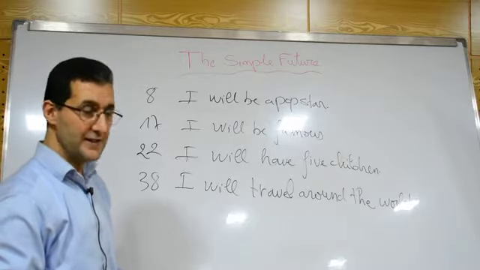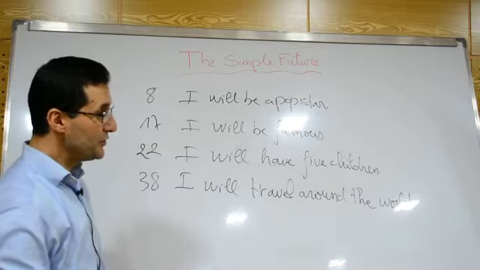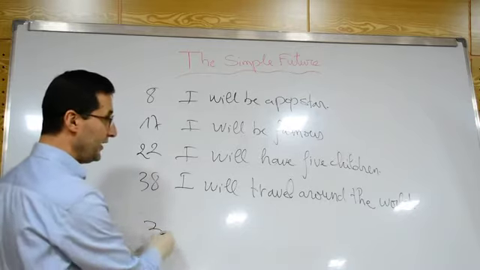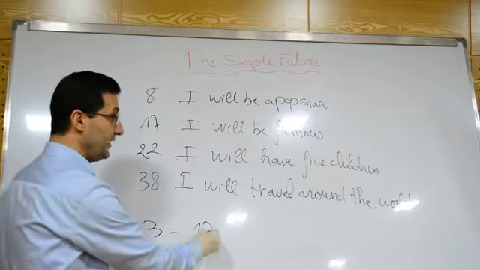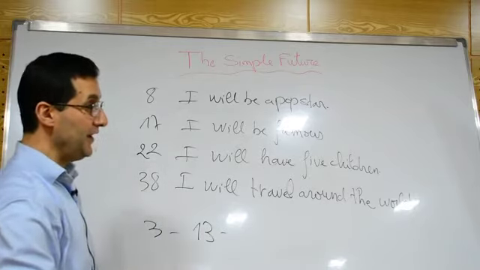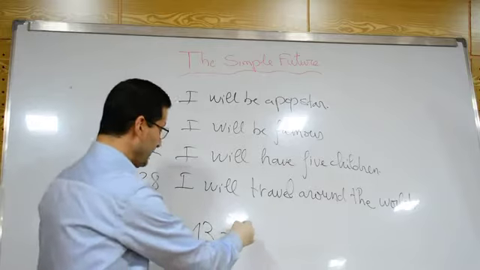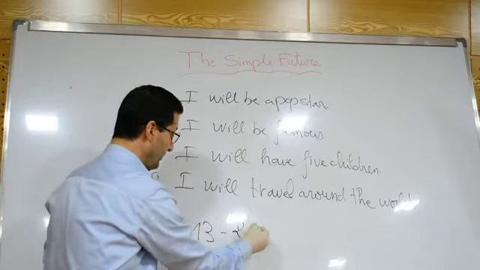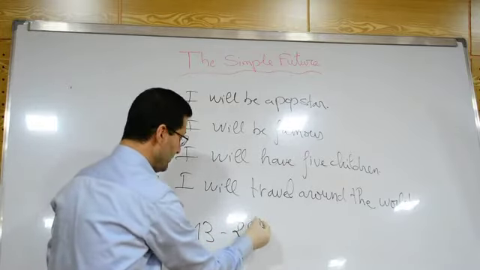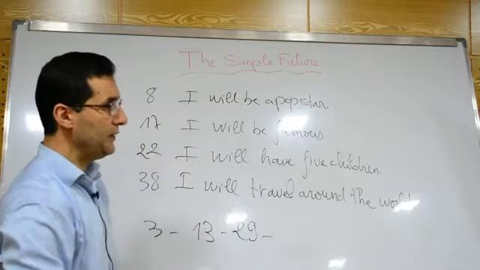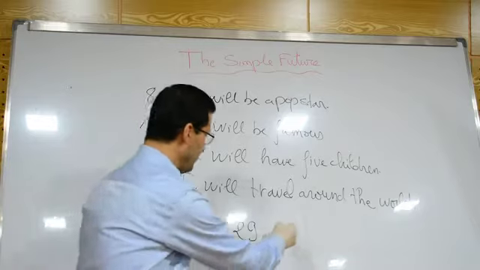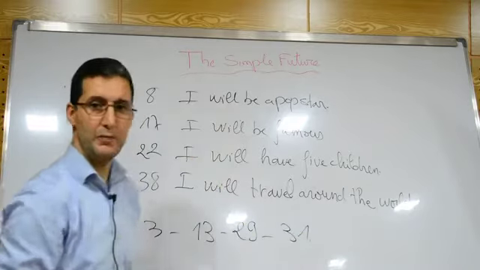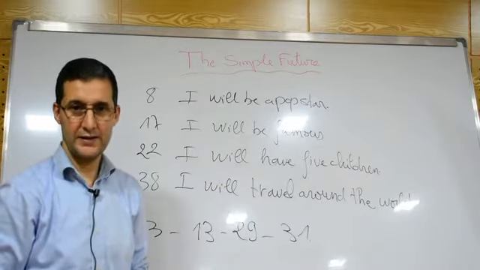Other exercise. You can again choose, for example, number 3, make a sentence. Number 13, make a sentence. And number 29 or number 30, and make a sentence. Then you choose number 31 and try to make a sentence.